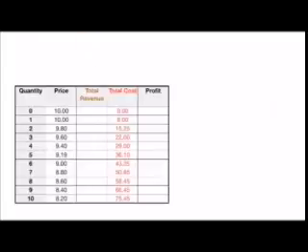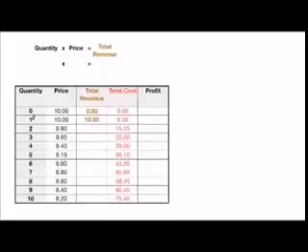Total revenue is quantity times price. So I have 0 times 10, a price of 10, is equal to total revenue of 0. You don't sell anything, you don't make any revenue. I have a quantity of 1 times a price of 10 is equal to a revenue of 10.